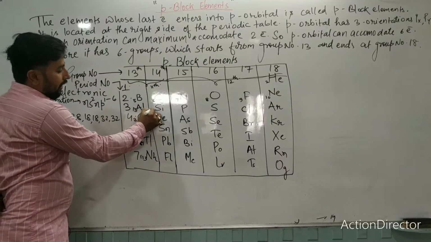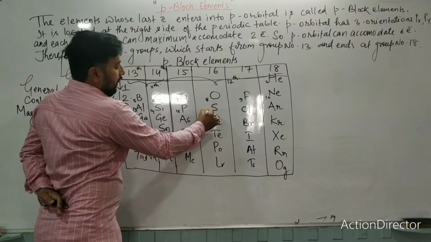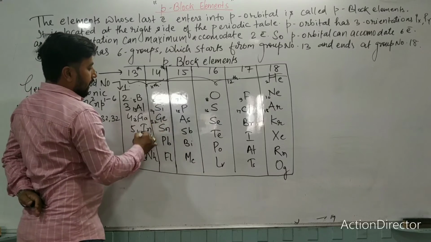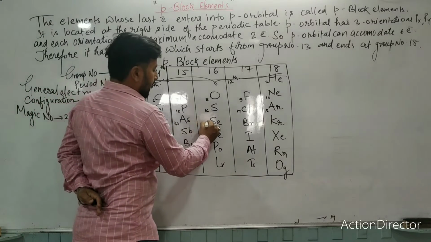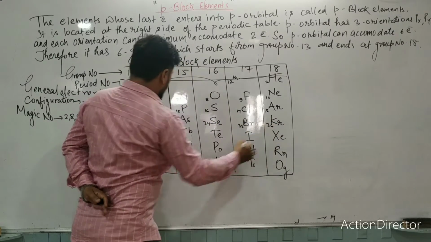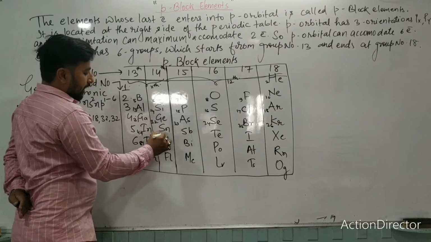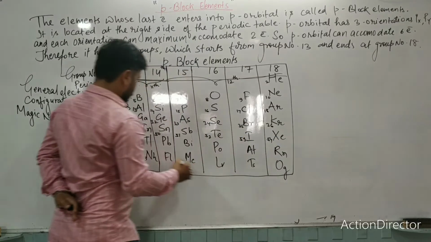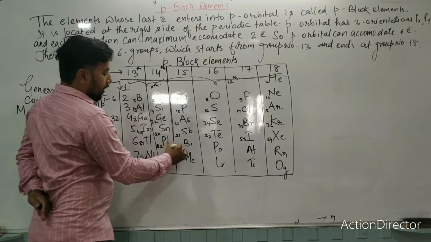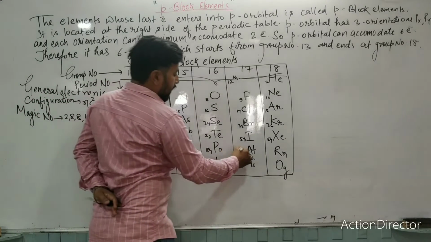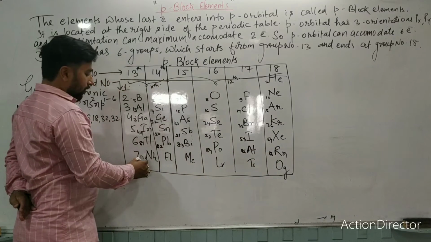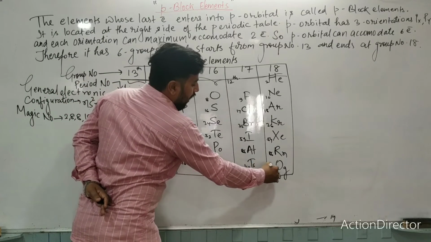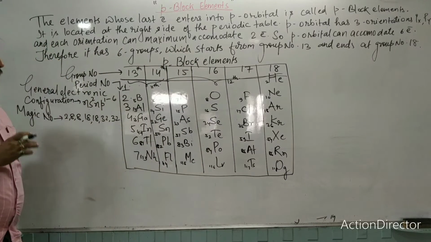So now 13 aluminium, 14 silicon, 15 phosphorus, 16 sulfur, 17 chlorine, 18 argon, 31 gallium, 32 germanium, 33 arsenic, 34 selenium, 35 bromine, 36 krypton, 49 indium, 50 tin, 51 antimony, 52 tellurium, 53 iodine, 54 xenon, 81 thallium, 82 lead, 83 bismuth, 84 polonium, 85 astatine, 86 radon, 113 nihonium, 114 flerovium, 115 Mc, 116 Lv, 117 Ts, and 118 Og. So these are the atomic numbers of these elements.